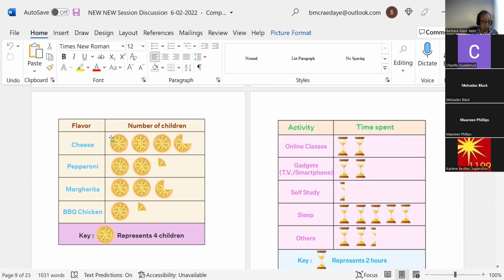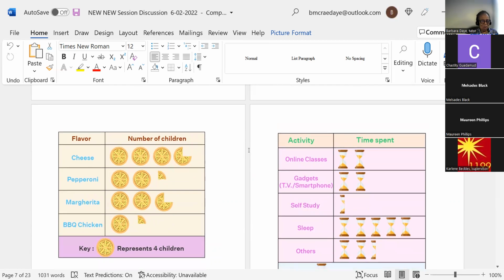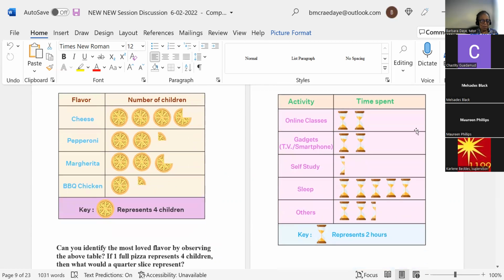The most preferred is the cheese. What comes after the cheese? Margarita, and then pepperoni, and then barbecue chicken. It's an observation lesson. And where do they spend the least time based on this pictograph? Self-study, right? You can see it.